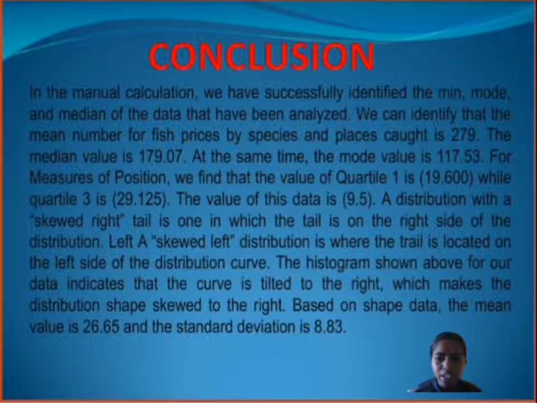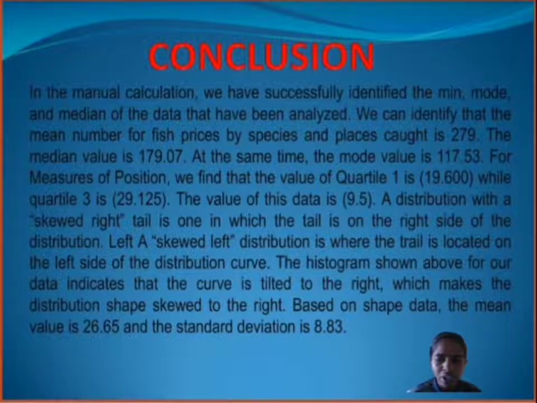A distribution with a skew right tail is one in which the tail is on the right side of the distribution. A skew left distribution is where the tail is located on the left side of the distribution curve.